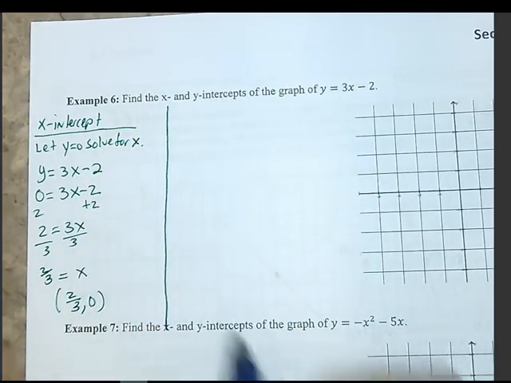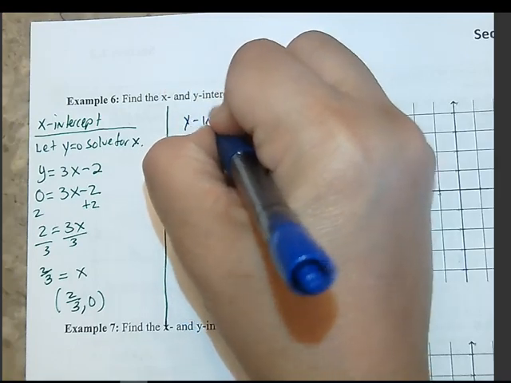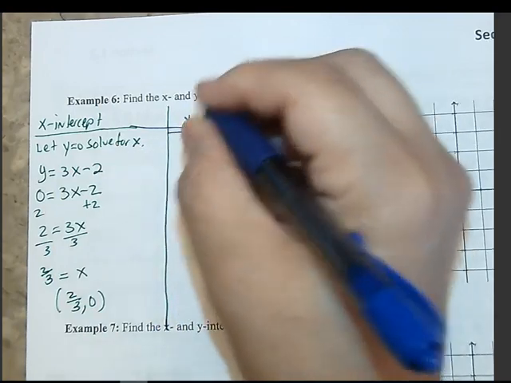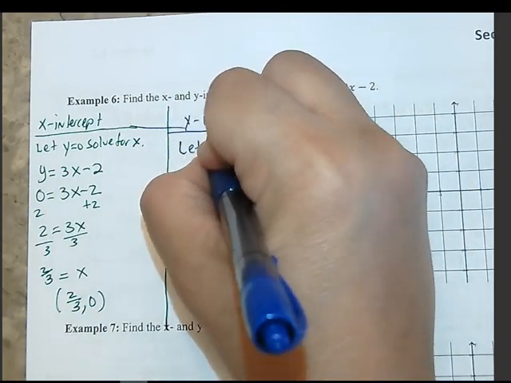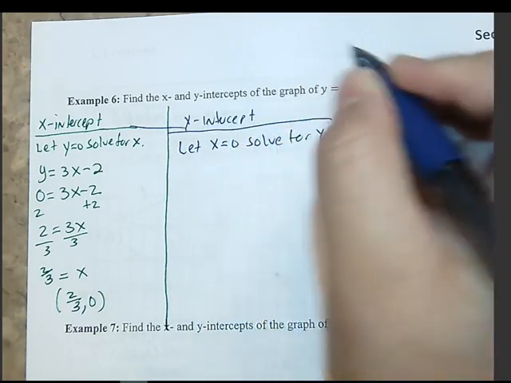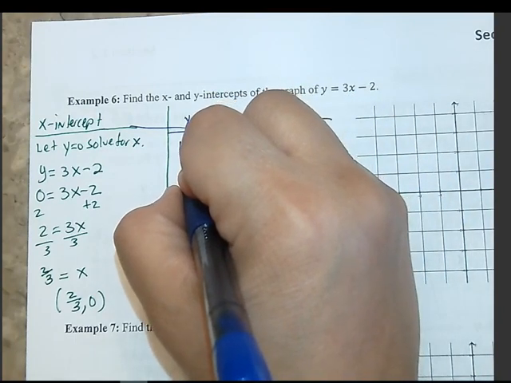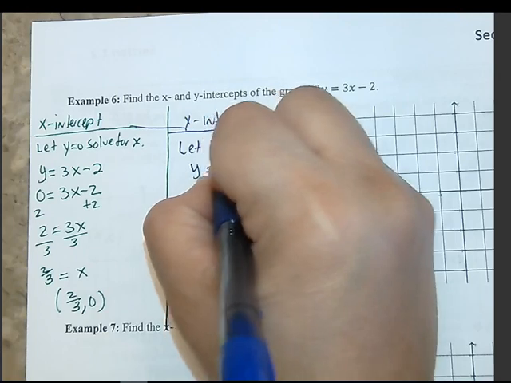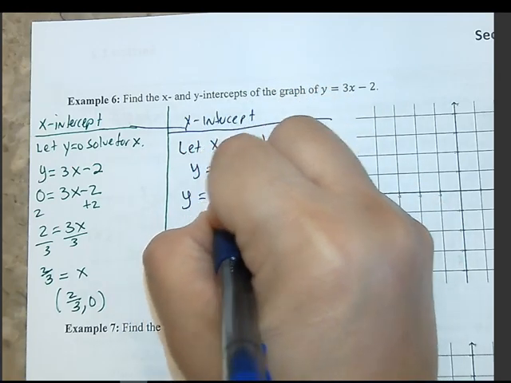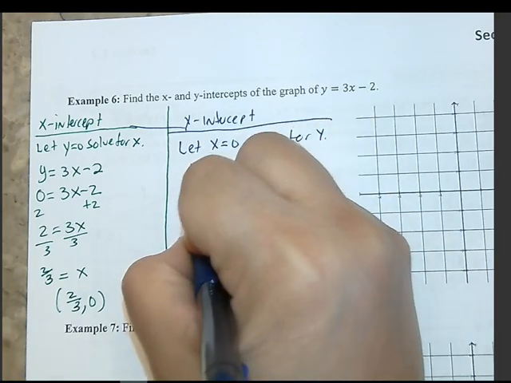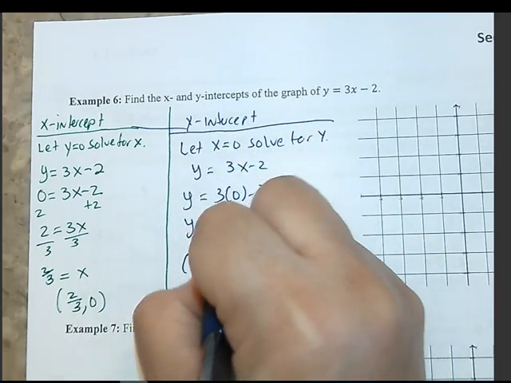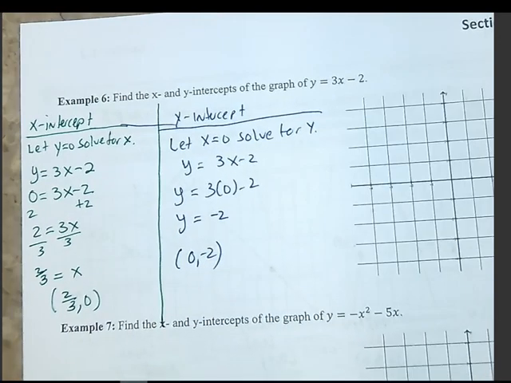And now I'm going to find the y-intercept. So for the y-intercept, we let x equal 0 and solve for y. So x is 0. So 3 times 0 is 0, so we get -2. Okay.